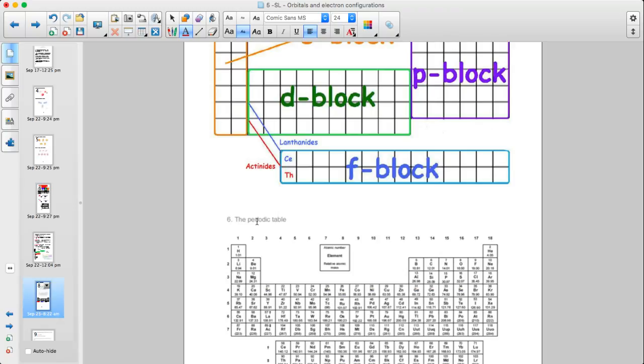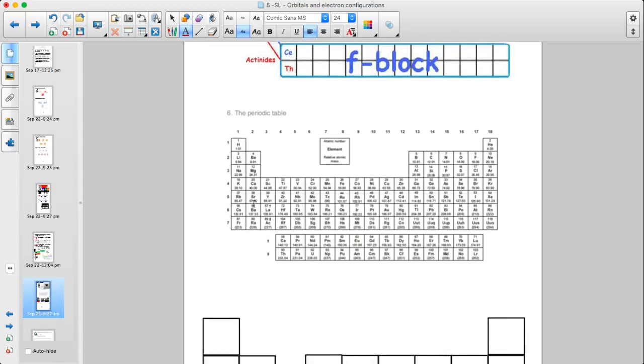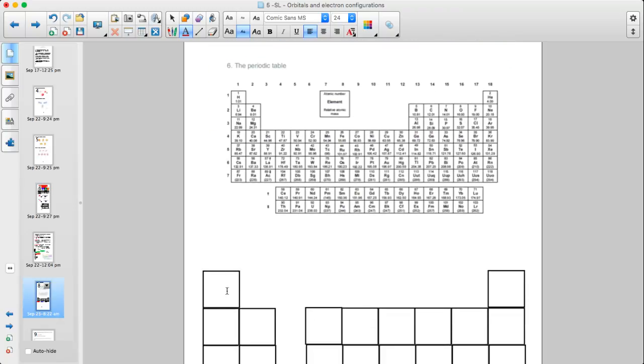Okay, so if we're trying to do electron configurations now, before for hydrogen we would have just said it has an electron configuration of 1. But now we're going to say it has a configuration of 1s1. Okay, so let me break down what that means.